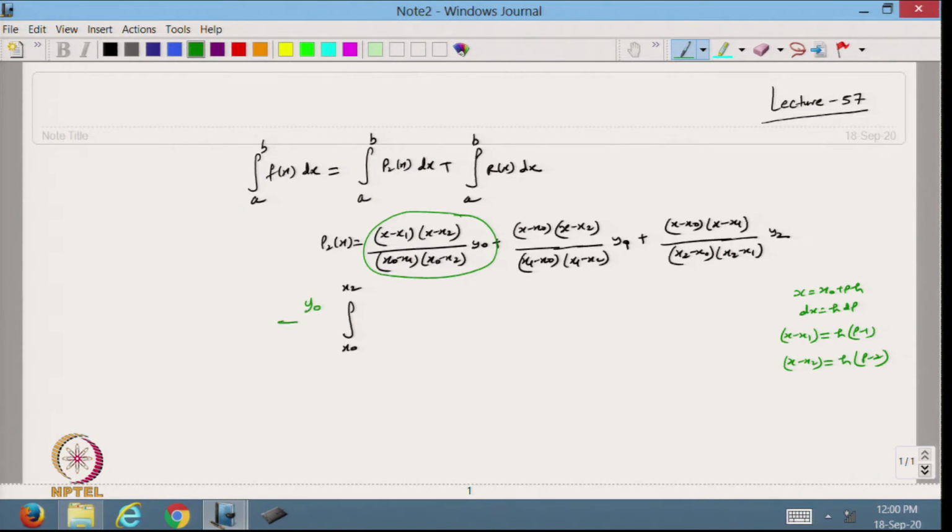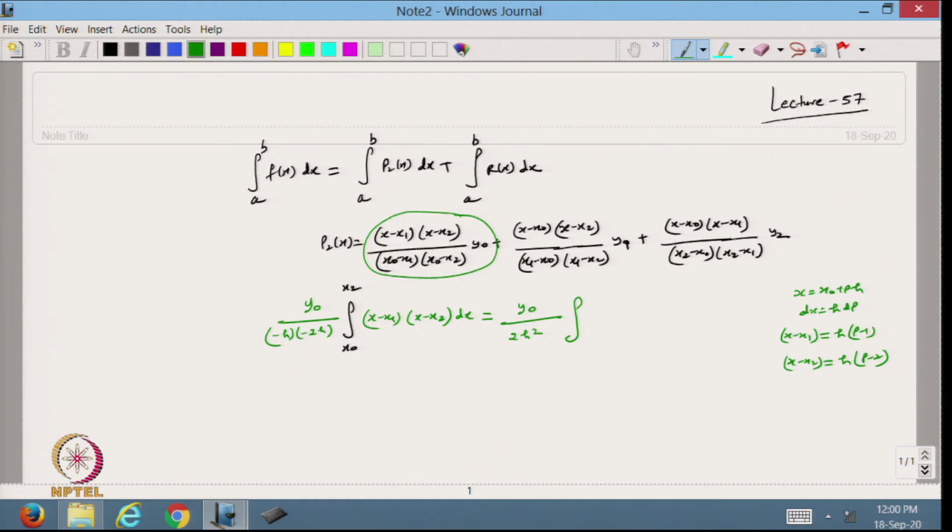So, y0 can be written like this: x0 minus x1 is minus h, x0 minus x2 is minus 2h, and inside I will get x minus x1, x minus x2 and dx. Minus and minus, so it is 2h square.